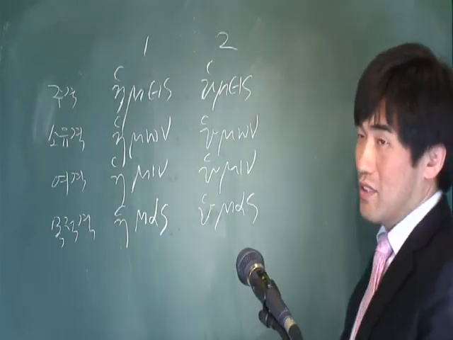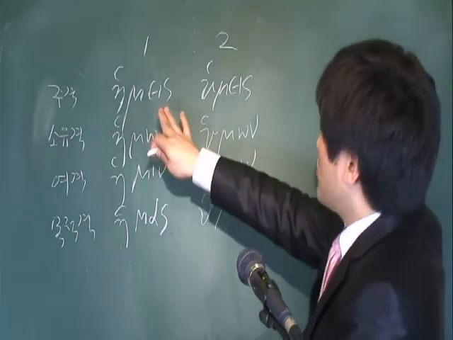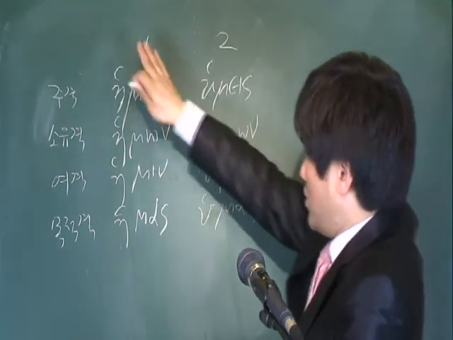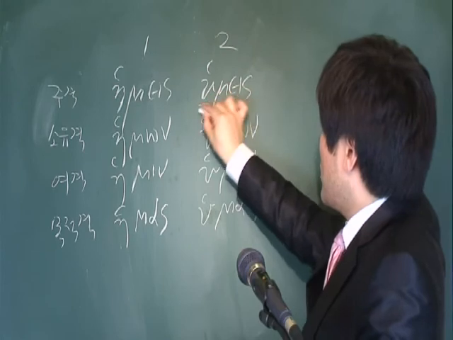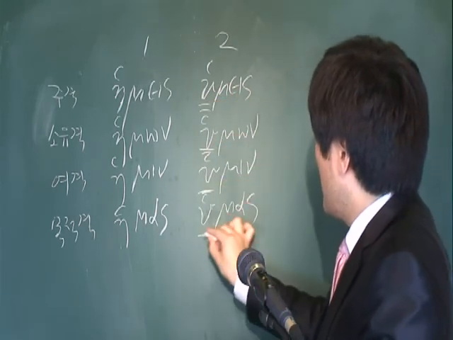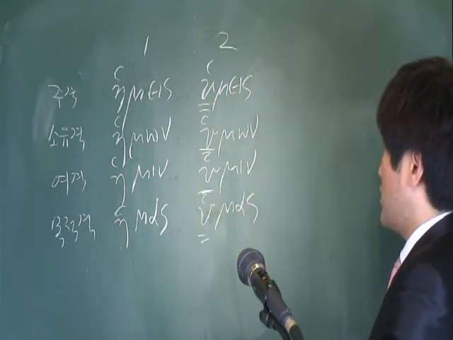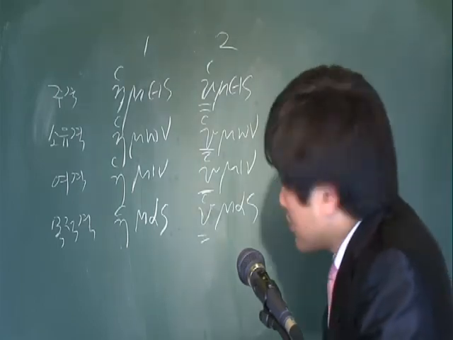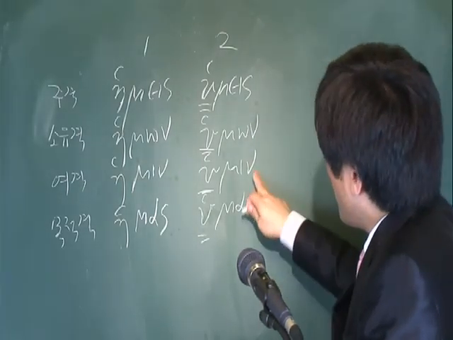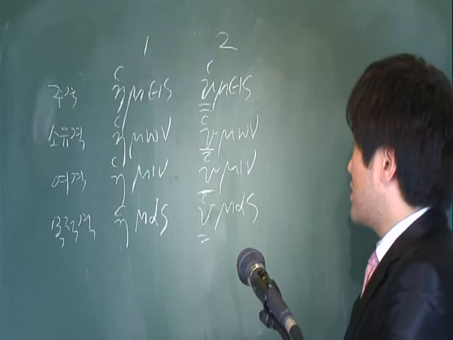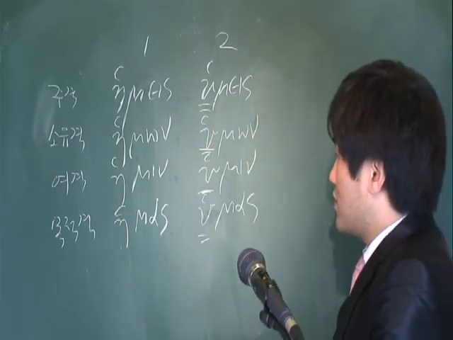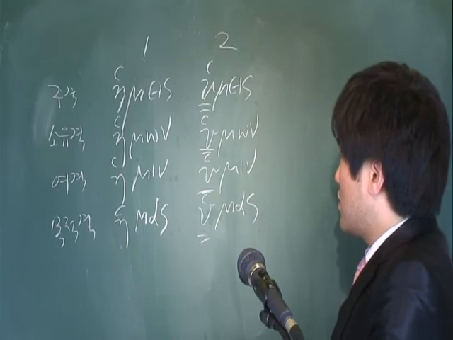Please read along. Ho apostolos autos. Autos ho apostolos. Autos is placed before or after the definite article and the noun. Apostolos means an apostle.